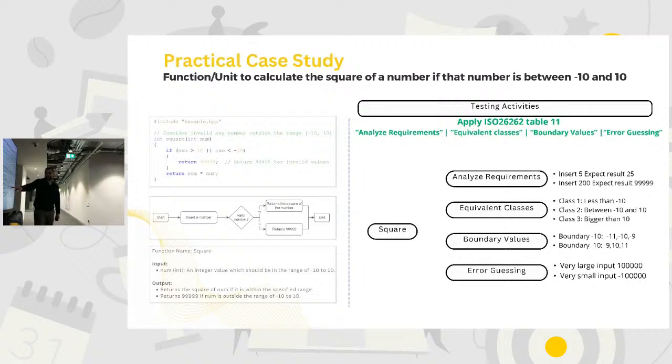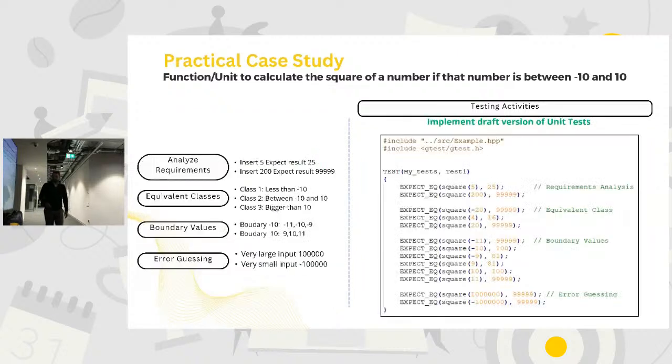Boundary values: -11, -10, -9, 9, 10, 11. And error guessing: a very big number and a very small number. Is the creation of all those test cases clear for everyone? We applied the 4 lines of ISO 26262 to derive those test cases.